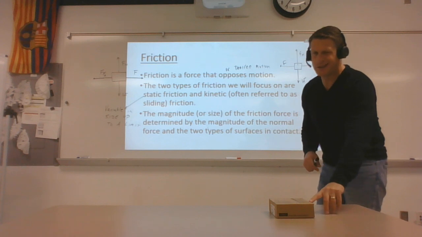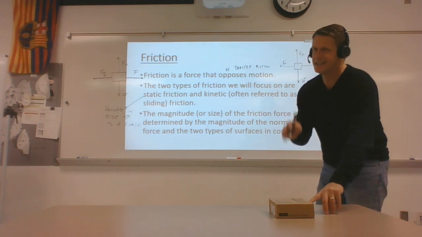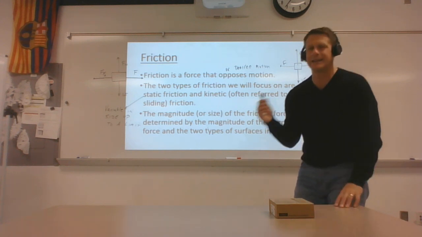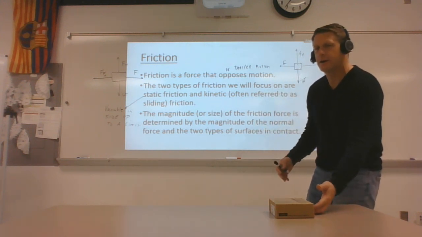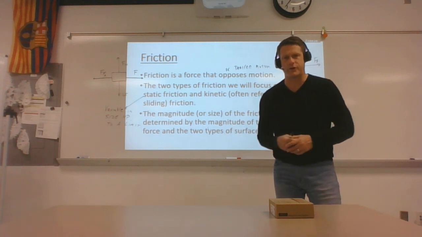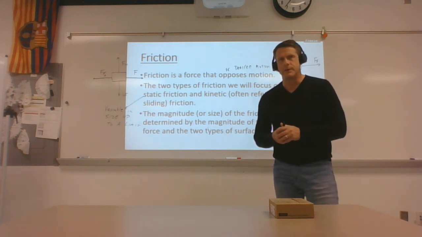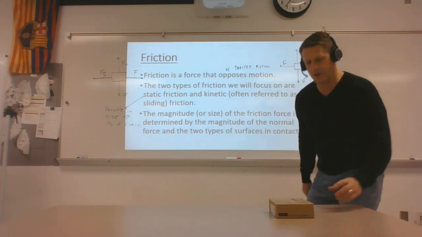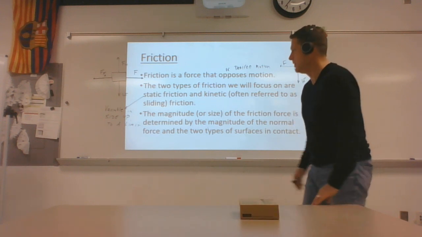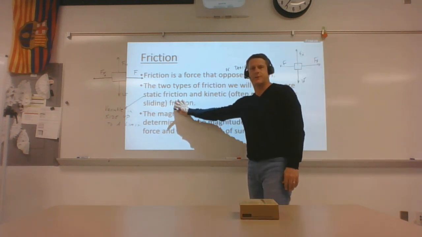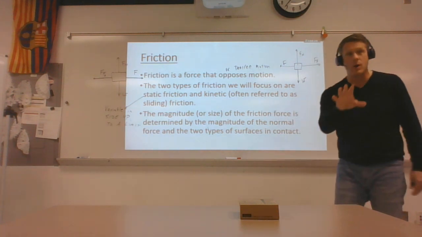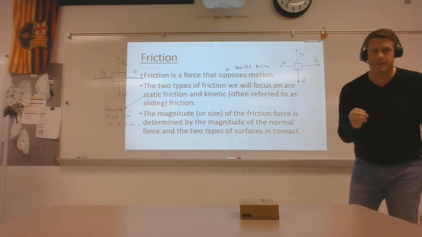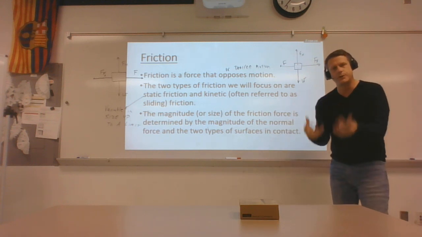If I push it a little bit, now it's got a little bit of a desire to move, so I need a little bit of static friction to keep it stationary. If I push it a little bit harder, we need a little bit more static friction to keep that thing from moving. And so on and so forth until I finally reach that limit. So we've got a variable amount of static friction up to a limit, and we've got a set amount of kinetic friction. Now, what is it that determines the size of those two forces?